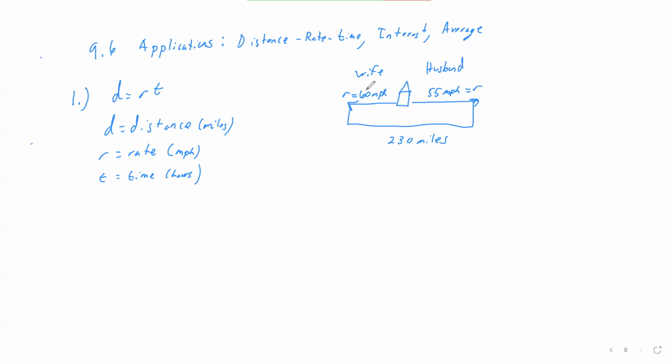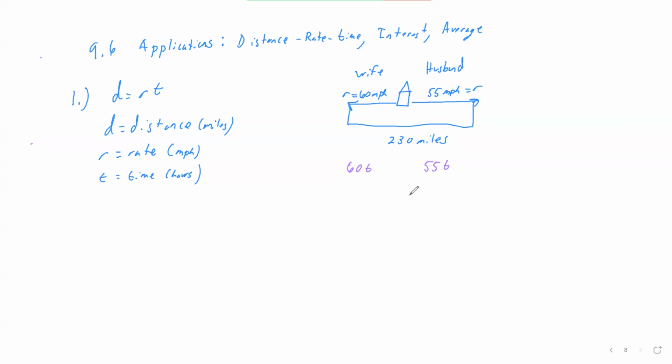So if I wanted to calculate the distance the wife traveled, this would be 60 times however much time, whatever the time is that we don't know. You can call it T, you can call it X, whatever you want. And then the husband would be 55T. If I knew the time, then I would know exactly how far they went.